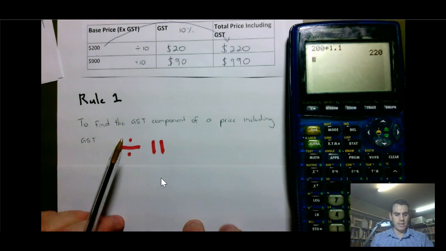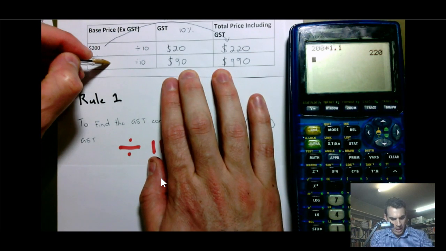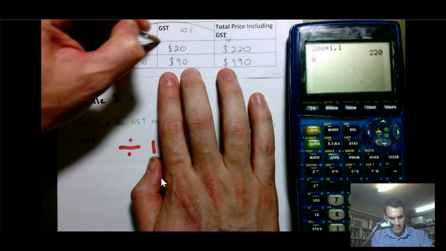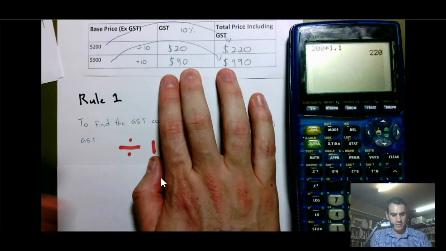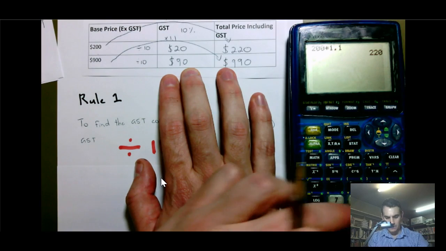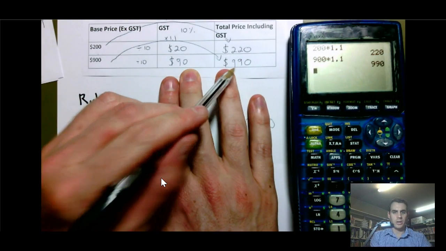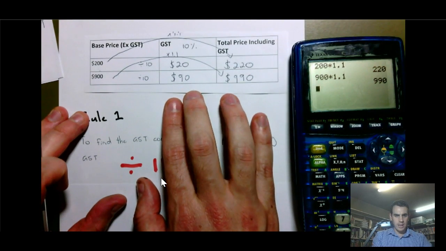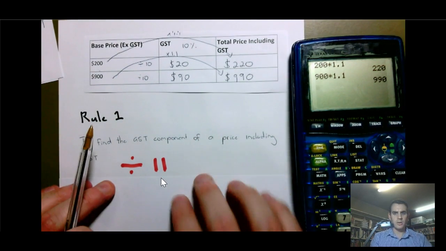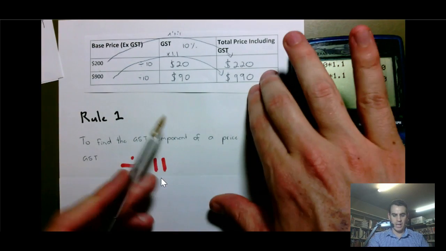Let's now do this second example. If I want to find the total GST price of this $900 without finding the GST component, I'm going to times this by 1.1 again. So if I go 900 times 1.1, I will get 990. Let's now do it the other way. What if I'm given the total price including GST and I want to find the base price?